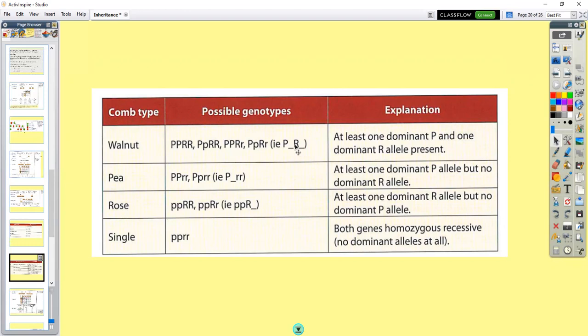So we can write it like that. Anything with a big P and 2 small r's, which you can write like that, gives a pea comb. The rose comb is 2 small p's and a big R, which we can see here. 2 genotypes for that. And then the homozygous recessive, 2 small p's, 2 small r's, gives the single comb.